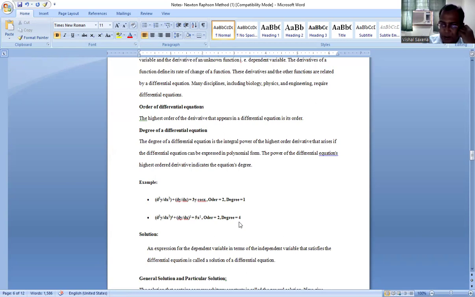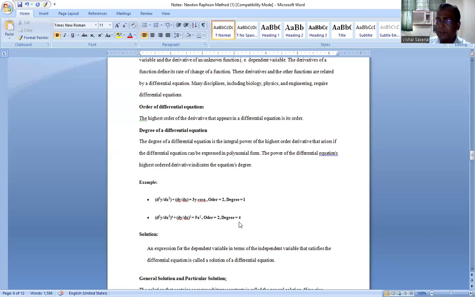Now, next example. In the second example, we can see the whole equation. There is one term of second order, one term of first order, and the term 5x square does not contain any derivative term. So ultimately, this is a differential equation. And what should be its order? The order means the highest order derivative present in the differential equation.